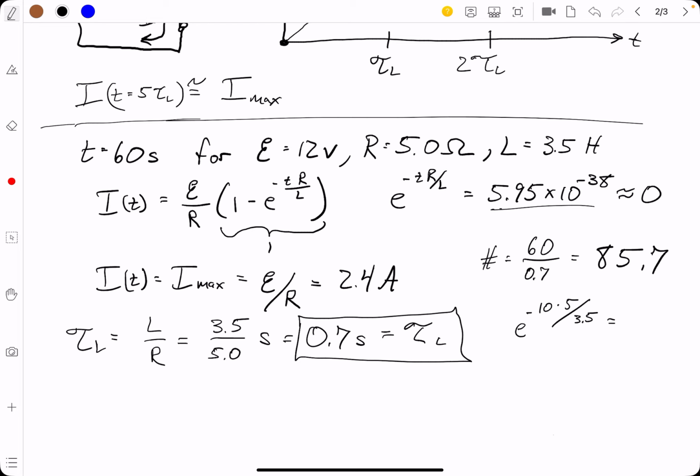That's not right. Enter. 3.5, divide. That's better. Okay, and I need to make that negative, 14.2857 whatever. I need to make that negative, and then we're going to do e to that, and we end up with 6.25 times 10 to the minus 7. Still very small and close to zero.